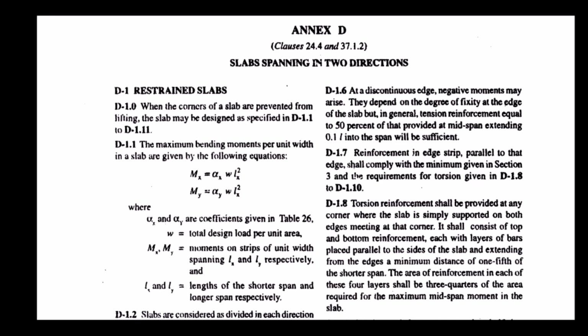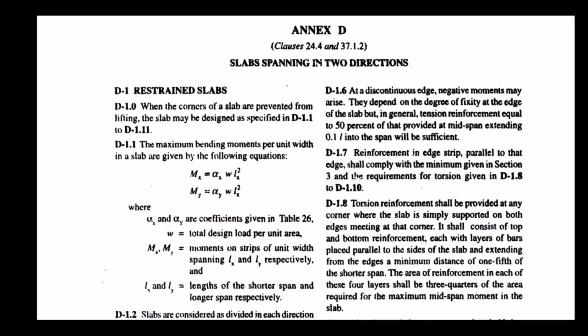As per clause number D-1.1, the maximum bending moments per unit width in a slab are given by the following equations: Mx for shorter span is equal to alpha x w Lx square, and My, moment for longer span, is equal to alpha y w Lx square, where alpha x and alpha y are coefficients given in table number 26.